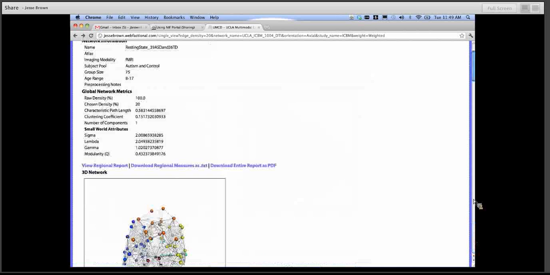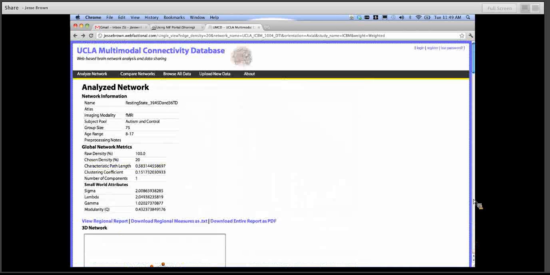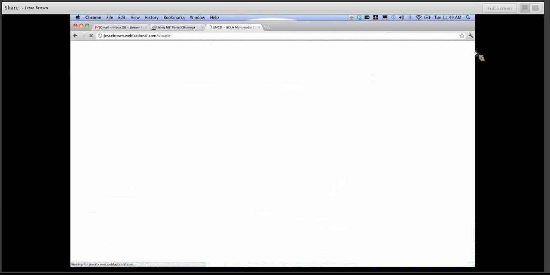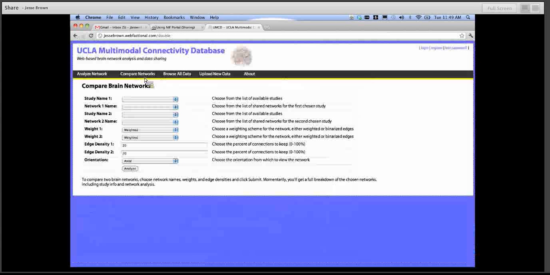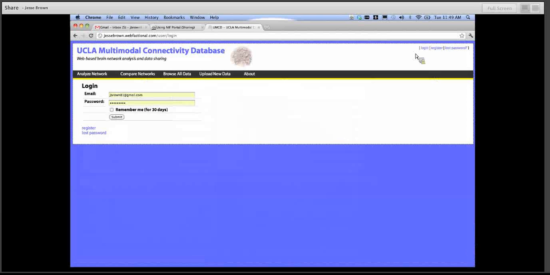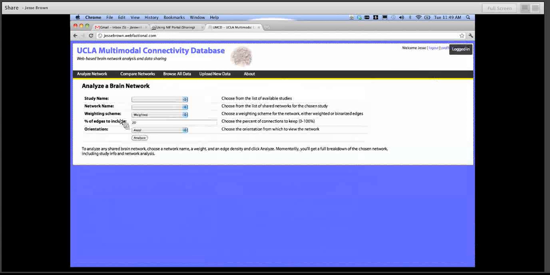So I'm going to try and speed up here, go to networks here. I'm going to log in. One feature that I mentioned is that when you share data, you have the option to make the data private or public. If it's public, then it's obviously viewable to anyone. If it's private, it's only viewable to you once you log in.